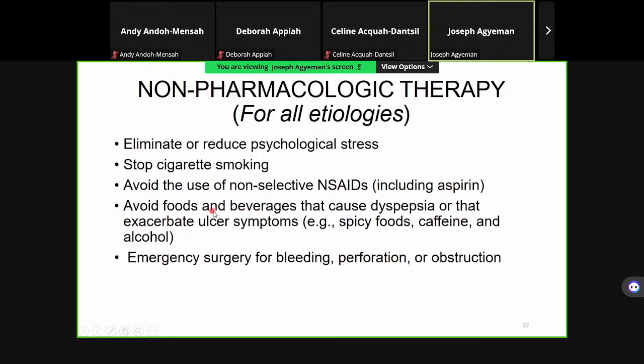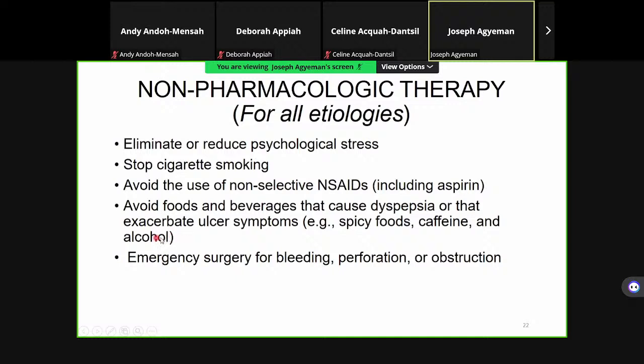We implicated food. So food substances and then beverages that can cause dyspepsia. This is one of the signs and symptoms of ulcer, or even exacerbate the other symptoms of ulcer. For example, spicy foods, caffeine, energy drinks. You are taking a Samojan, blue jeans. You are addicted to caffeine. You are addicted to alcohol. Please try to avoid it.